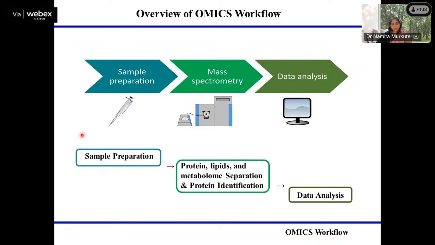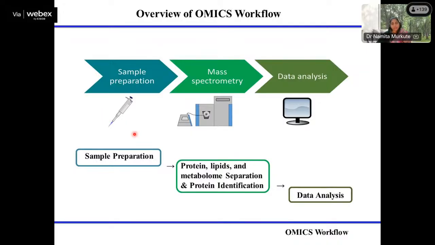First, the important step in this is sample preparation. So how you are going to extract the metabolites from your particular sample, which method you are using, which chemicals you are using. Mostly methanol, chloroform and water are used for extraction of metabolites from your samples.